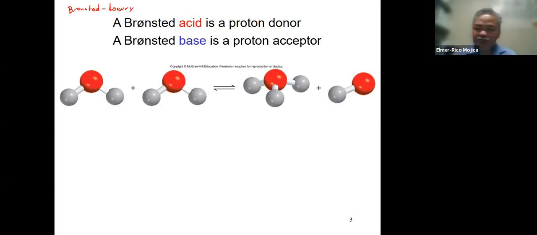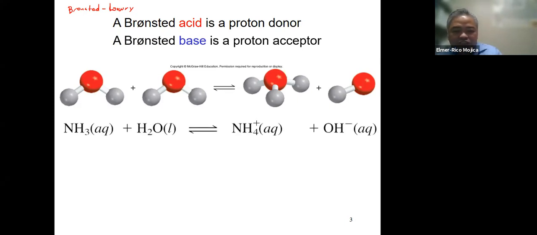Now, this is not new to you because in your Gen Chem 1, there's a discussion about the so-called acid-base reaction. In this Bronsted acid-base definition, we just have a proton exchange. An acid-base reaction is just proton transfer.